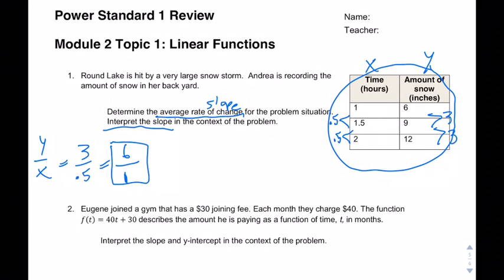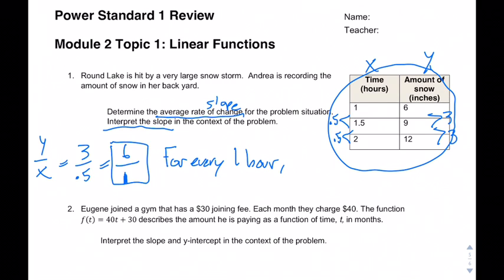Now, what does this mean? It says interpret the slope in the context of the problem. Well, remember, this 1 is talking about the x values. So the x values in this case are hours. So for every 1 hour, now this is a slope, so we're talking about increasing or decreasing. The y value, which in this case is the amount of snow in inches, increases by 6.